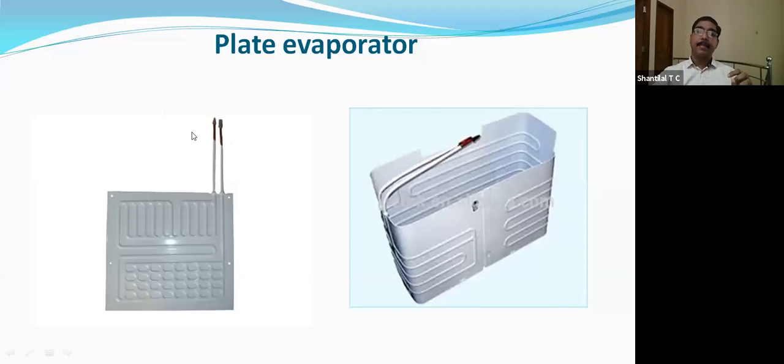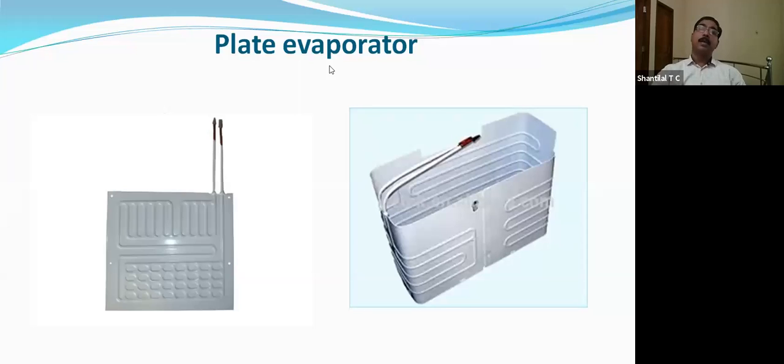Plate type means a plate which itself has grooves or channels, through which the refrigerant passes. Plate and tube type means first there is a plate, and above the plate the tube coil is fixed. These two type evaporators are generally used in small systems.